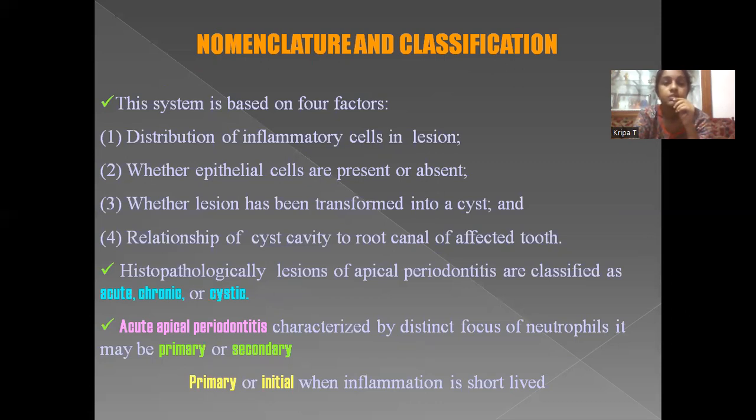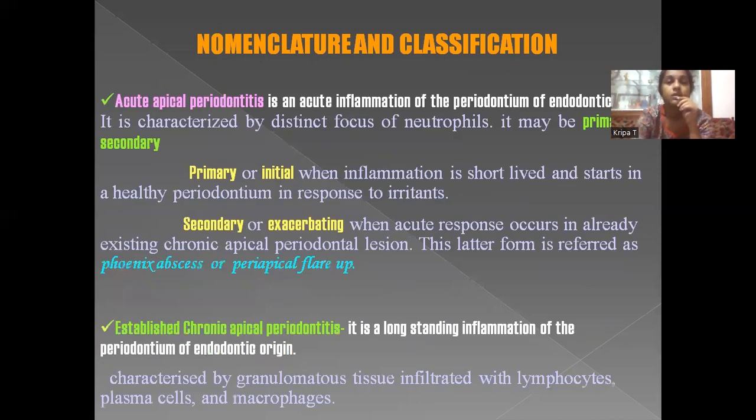Histopathologically, lesions of apical periodontitis are acute, chronic, or cystic. Acute can be primary, which is a short-lived initial phase starting in a healthy state in response to an irritant. Secondary is an exacerbation, like a phoenix abscess.